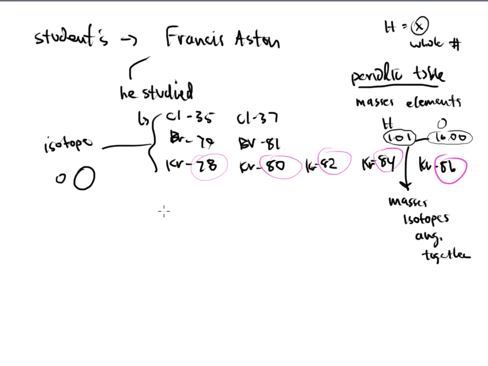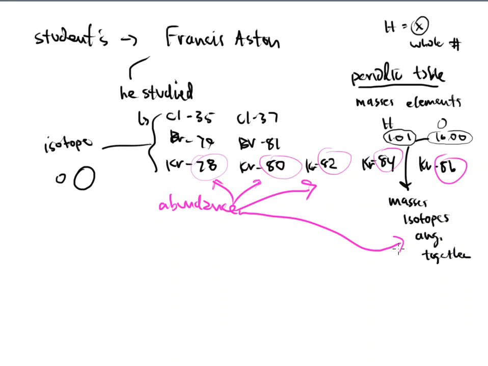Well, we know the abundance of each one. Of the 78, of the 80, of the 82, we know that percentage. So what we do is we take the abundance of each one, multiply it out, add it all together, and that gives us what we call the atomic weight that is on the periodic table.